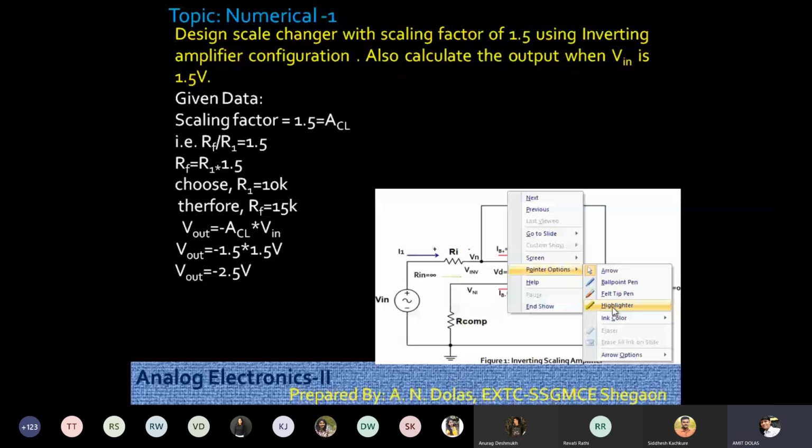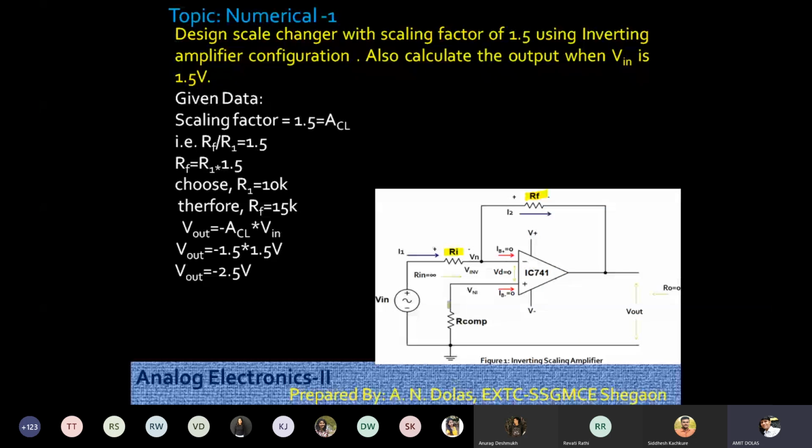So RF value is 15K in this scalar, and R1 value is 10K. So RComp will be the parallel combination of R1 and RF. So it will be 15K parallel to 10K. Whatever value comes, that is the RComp. You have to mention it in the numerical. I forgot to write it on the PPT. Please go through it.